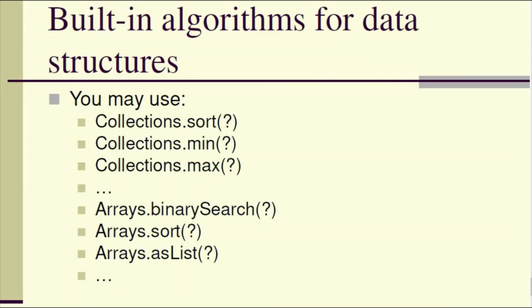So a very useful thing that we have when we deal with data structures is that most programming languages and platforms provide built-in algorithms for these common data structures like trees and queues and stacks, as we have mentioned, right? So in Java, you can use the collections package, which provides many useful and easy to use methods like sort.